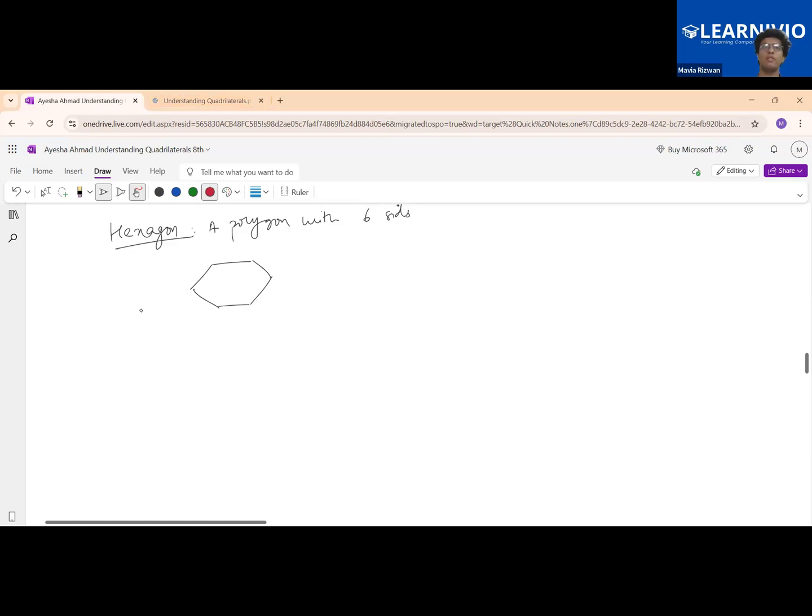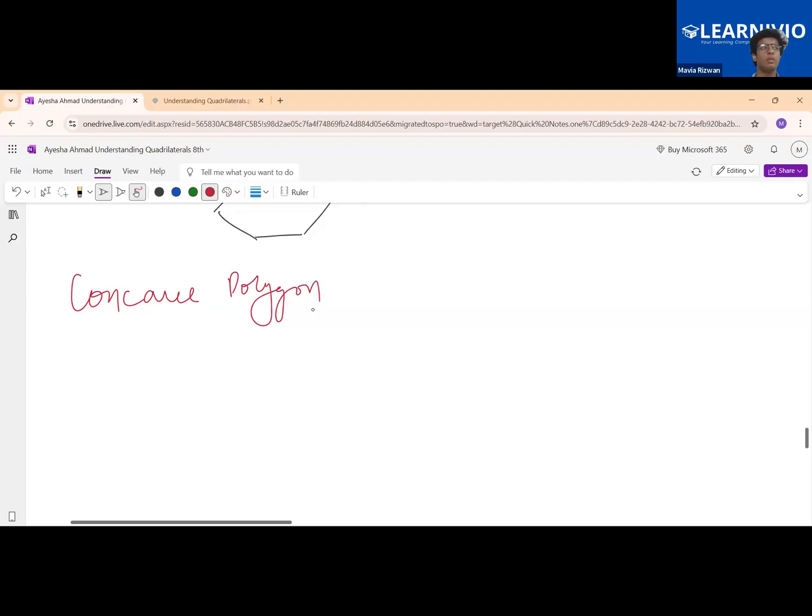One more thing. What is a convex polygon and what is a concave polygon? Convex polygon is where inside all lines are equal. Yes.